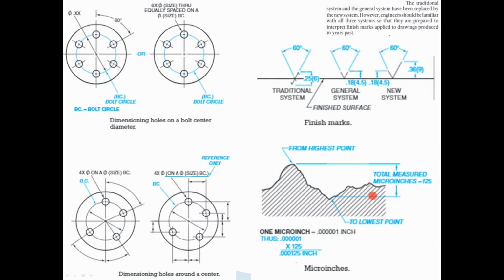To convert that into inches, you're going to have to use the conversion factor, which is 1 micro inch equal to 0.00001 inch, and simply multiply that conversion factor by 1 to 5. That gives you 0.000125 inches.